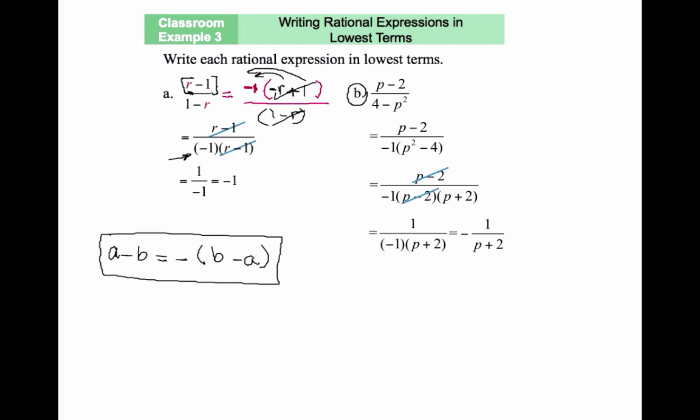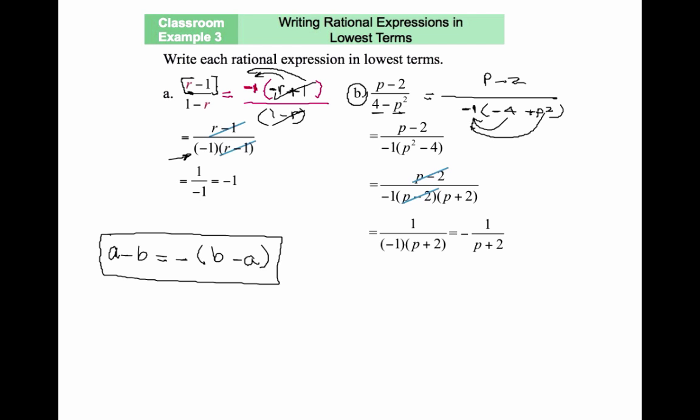Before I use the difference of squares method, I factor a minus 1 out here. What times minus 1 gives me 4? That must be minus 4. What times minus 1 gives me minus p squared? That would be plus p squared.